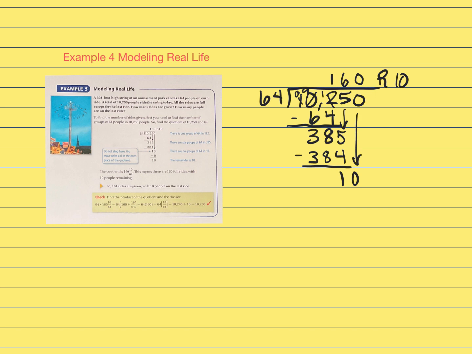It's pretty simple. So you take your quotient, which is 160. If I have 10 remaining, that's my numerator. My denominator is just simply 64. And 64 comes straight from my problem, which happens to be my divisor.